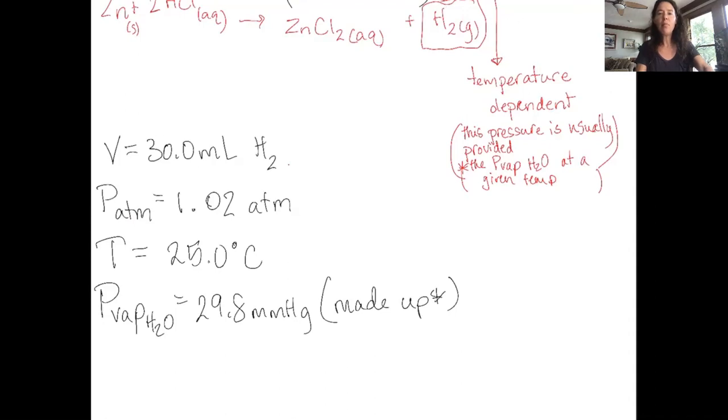So I'm going to have you bear with me. What is the vapor pressure of water at 25? Okay, it's about 23.8.